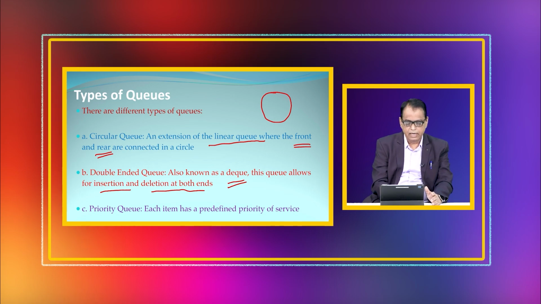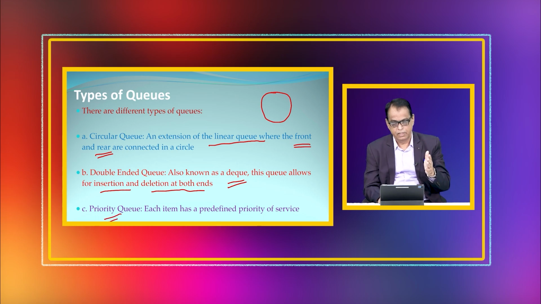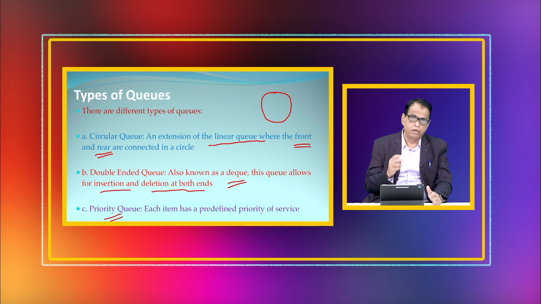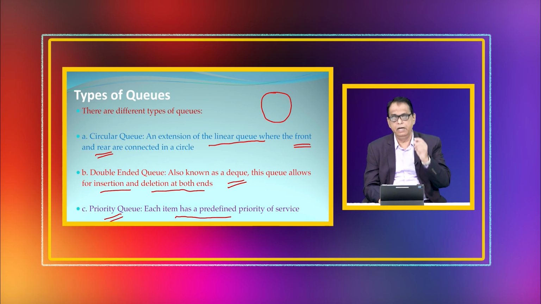Many times you will find that we need to set some kind of priority of our service, and this priority can be achieved by forming a priority queue. So there is a third type of queue which is called a priority queue, where each item has a predefined level of priority.